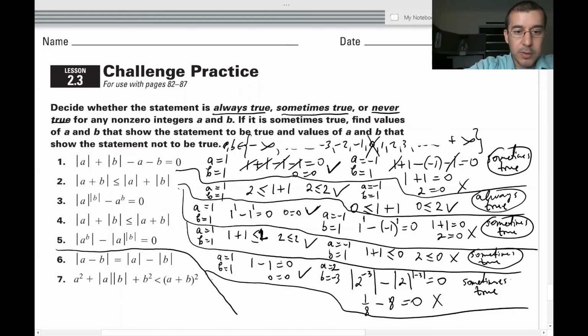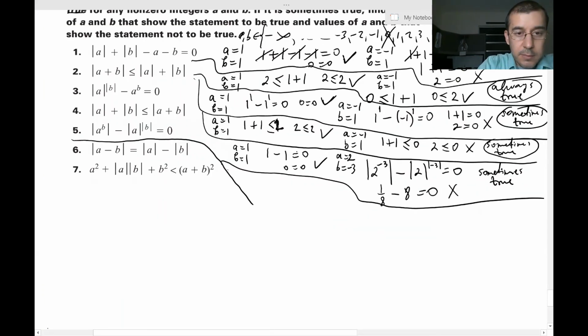Let's do number 6 right here. Let's try a is 1 and b is 1. So 1 minus 1 is 0. So we get 0 here, and then 1 minus 1 here, 0 again. So, okay. How about a is negative 1, b is 1.